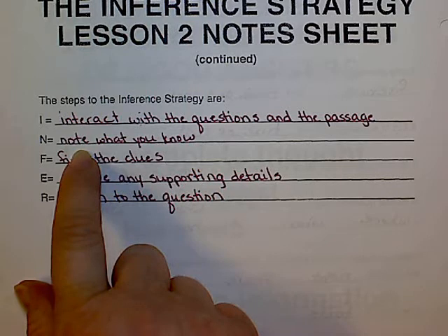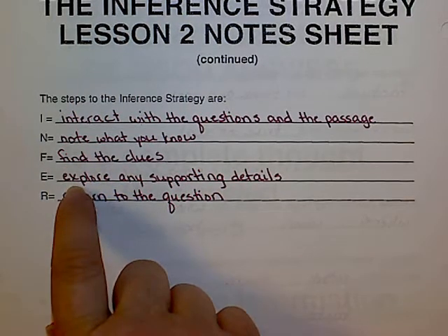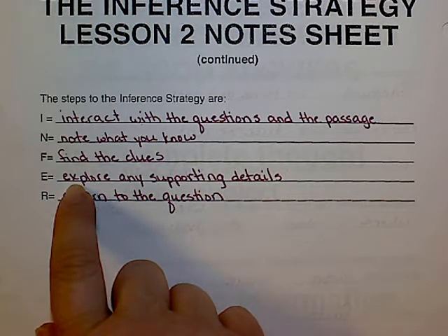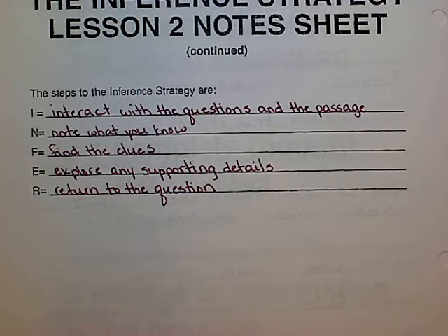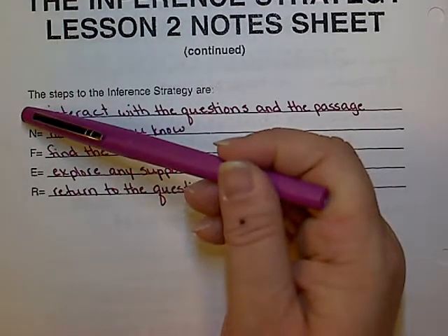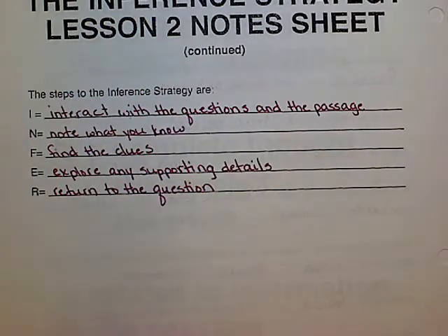The second step is to note what you know. The third step is to find the clues. The fourth step is explore any supporting details, and then return to the questions. Or return to the question. So INFER, infer, and those are the steps that go with them. It's important you start thinking about those each and every time you interact with a passage and questions that will be answered with those.